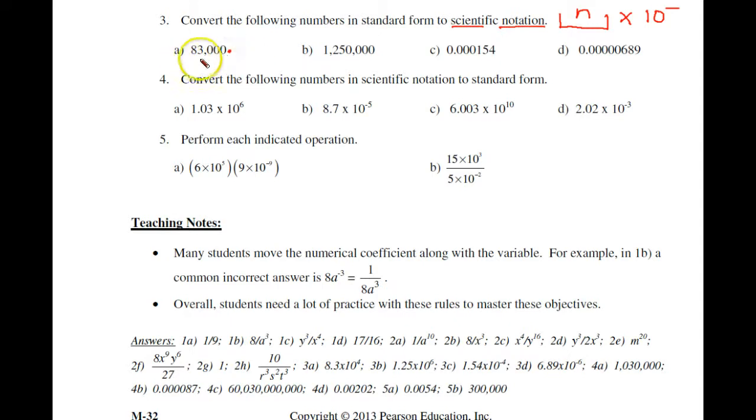Well, right there. I want to move that decimal place in such a way, 1, 2, 3, 4. I've moved it 4 places to the left. So now I have a number, 8.3, which is a number now between 1 and 10, times, now some power of 10. And we determine that power by the number of decimal places we moved it over. And big numbers are positive exponents. So we moved it over 4.